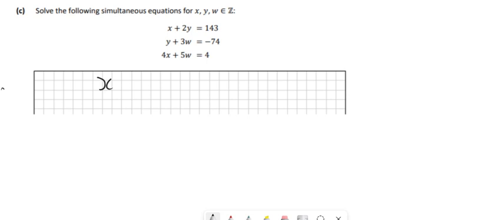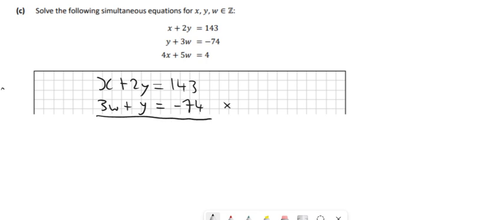So the first one is x plus 2y is equal to 143. The second equation is y plus 3w. I'm just going to write it the other way around, 3w plus y. The only reason is because I want to leave the y's over each other so that they'll cancel out, just to make it look a bit easier. And then my step will be, I'm going to multiply the bottom one by minus 2. If I multiply the bottom one by minus 2, it'll make the y's cancel out. So the top equation stays the same.